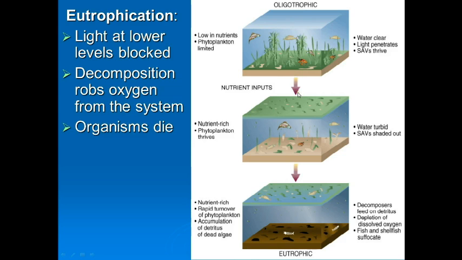When you add nutrients, you get nutrient-rich water, the phytoplankton blooms, the water becomes turbid, and the SAVs are shaded out. And now you've lost all that lovely plant life that you needed to support your fish life, and everything dies except the phytoplankton, basically due to suffocation.